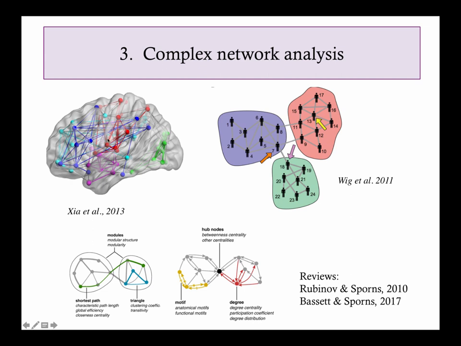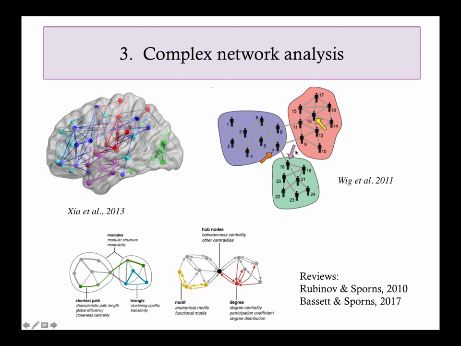Once we've specified these nodes and edges, we can try to characterize properties of either the overall network organization or properties of individual nodes. So for example, in terms of their more global organization, we can ask questions about whether groups of nodes tend to be highly interconnected within themselves and perhaps less connected between different groups, similar to communities in a social network.